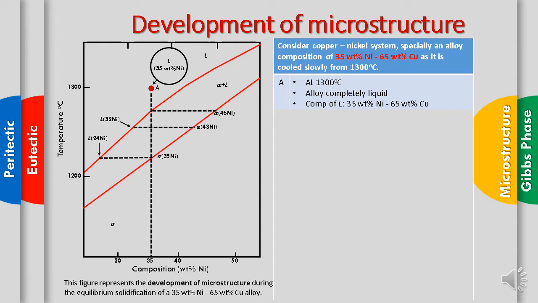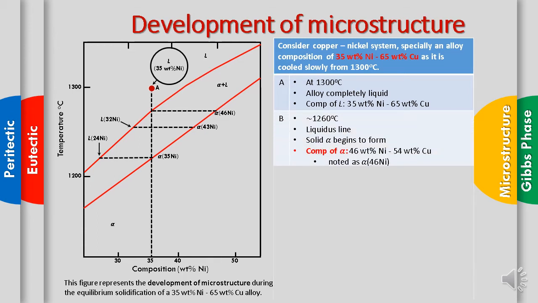At A, at 1300 degrees Celsius, basically the alloy is completely in the liquid phase. So the composition is liquid L with 35 weight percent of nickel and 65 weight percent of copper. Cooling down, it will go to B, whereby B is the intersection with the liquidus line.